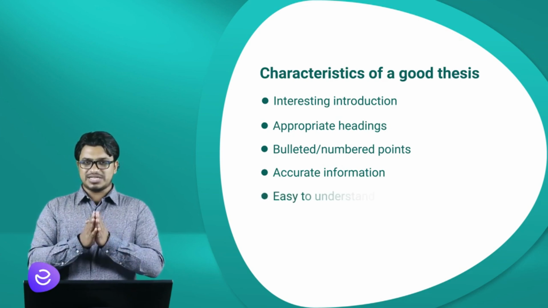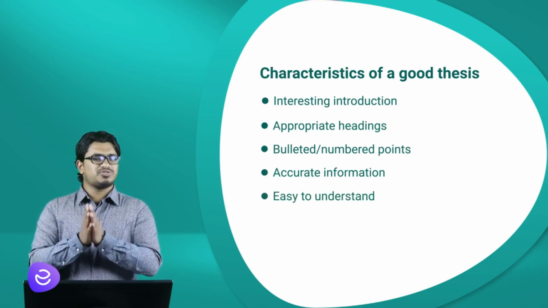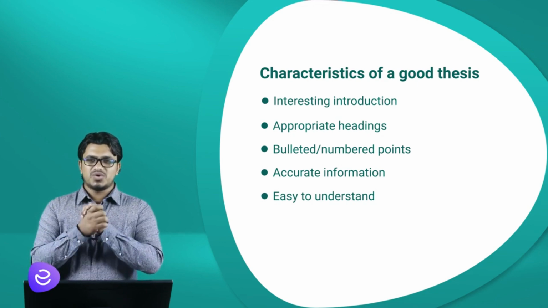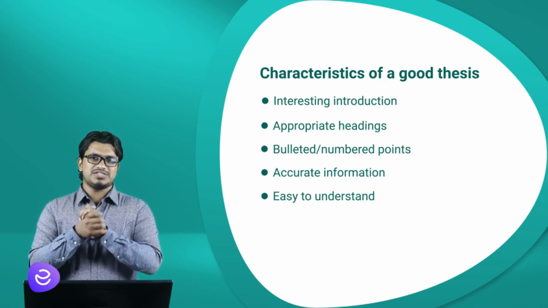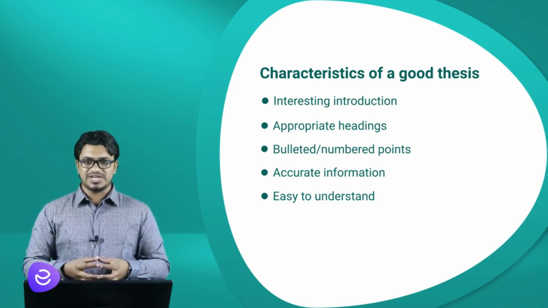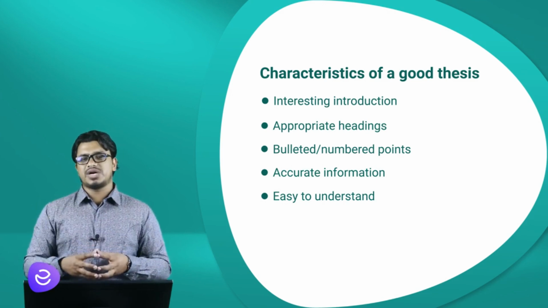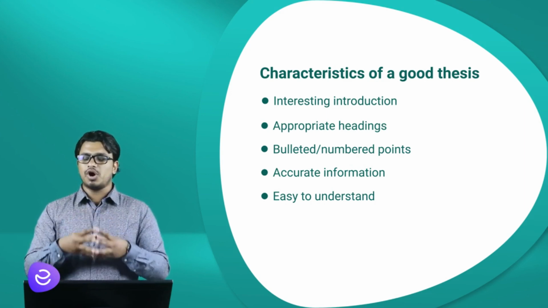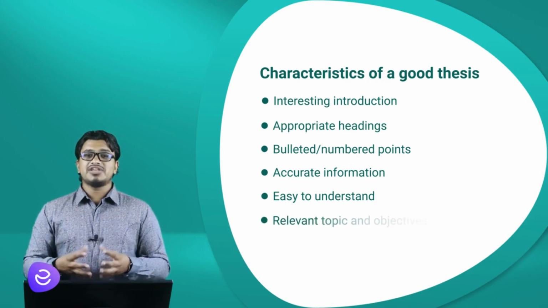It should be easy to understand. Do not use technical jargon while making a thesis or a research project. Your research project is for someone else to read, so they should be able to understand what you have meant by your project.